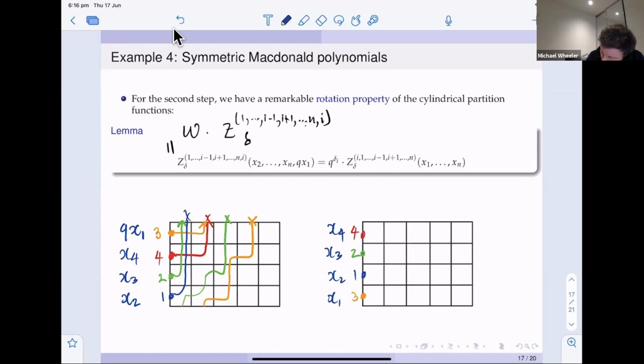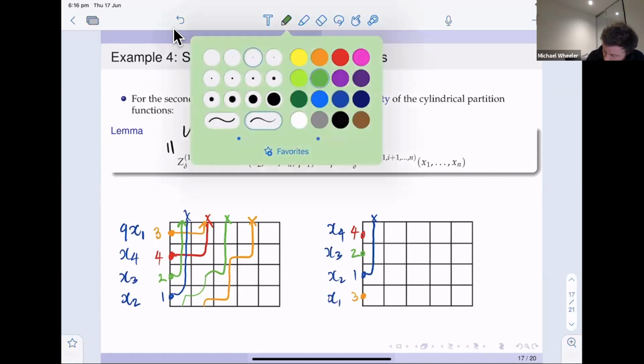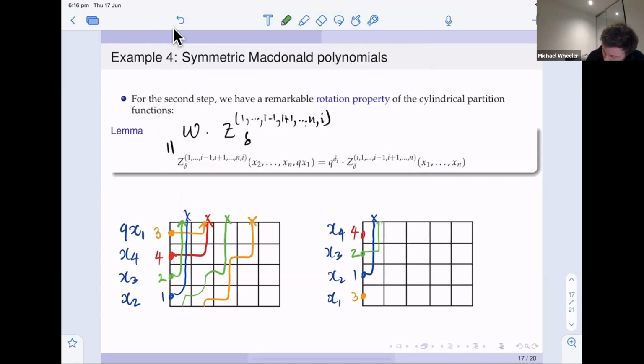So the blue line will just go to here. The green line will wrap around and do this, like this. The red line will do something boring.